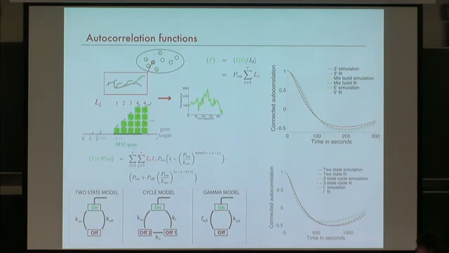I'm showing you the result for the simplest case. We can also do these calculations when we're not in steady state, because there's no reason to believe we are in steady state with the system.